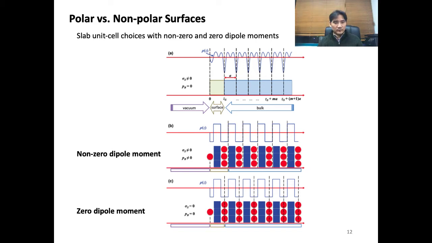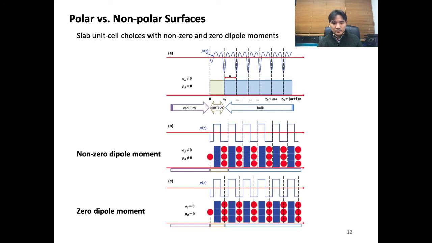The answer is no. It is to show you that for a semi-infinite slab with repeating units, a different choice will result in a very small change on the surface that will also change the nature of the surface. Okay, so take a look at the picture below, where the blue rectangles are positive ions and red dots are electrons.